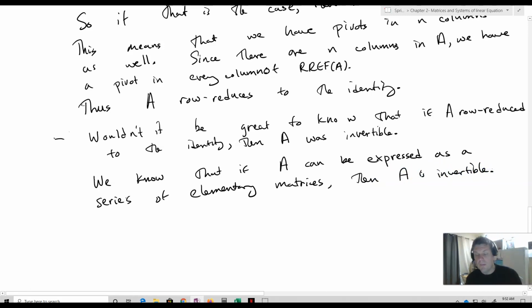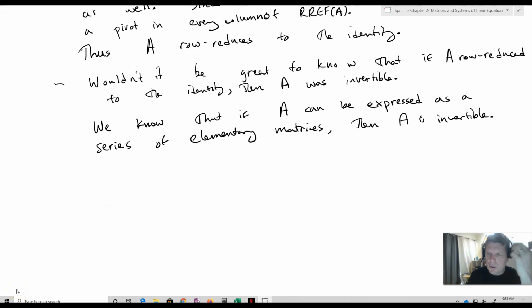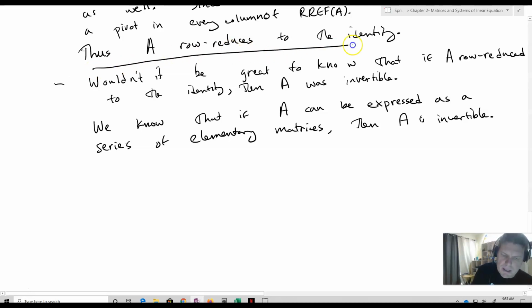So what we're going to do is use that information to get from A is row equivalent to the identity to A is invertible. So we know now that A row reduces to the identity.